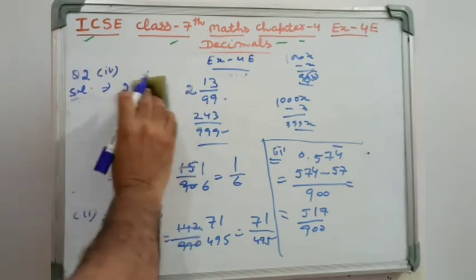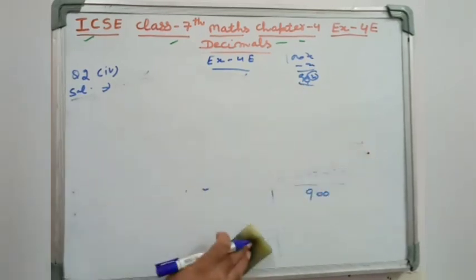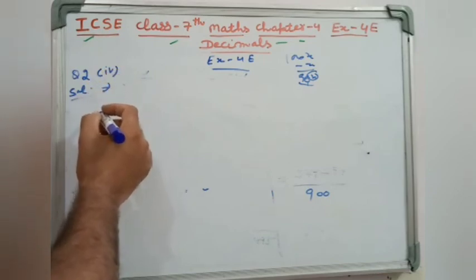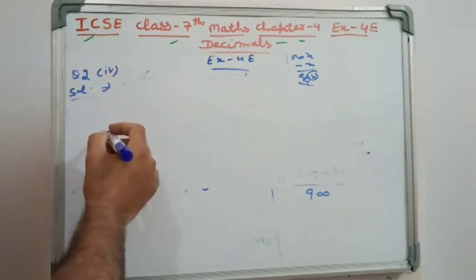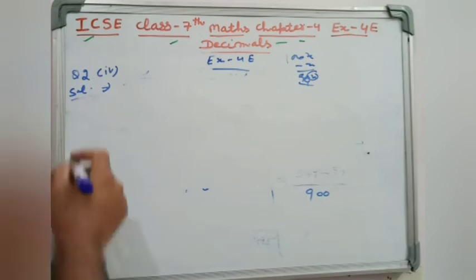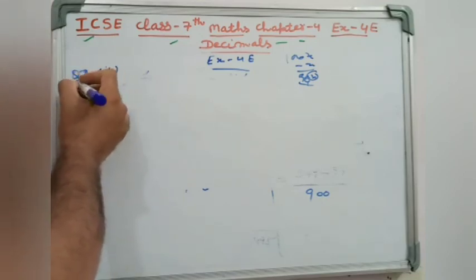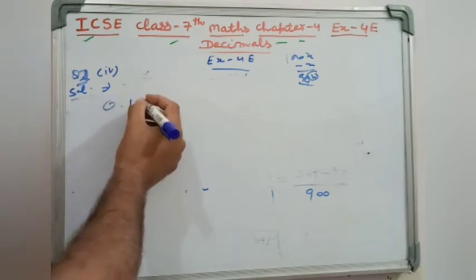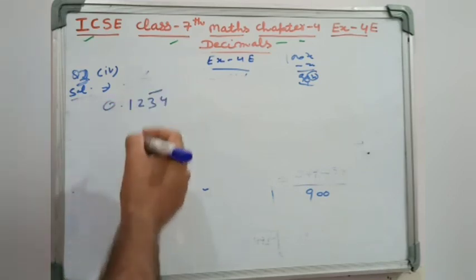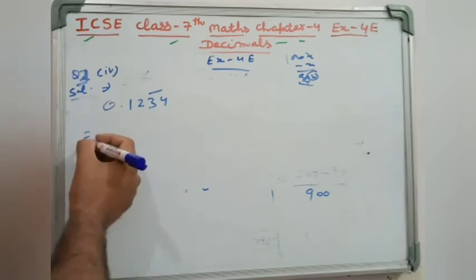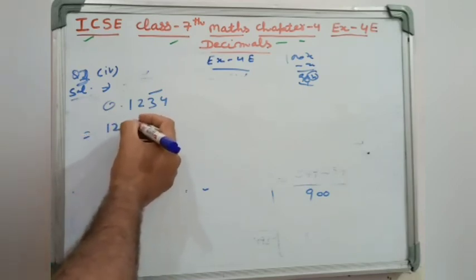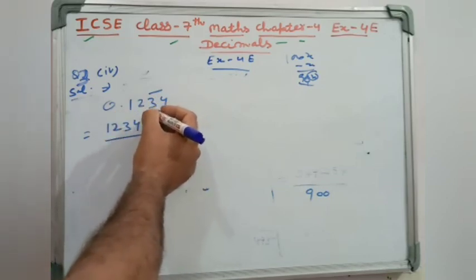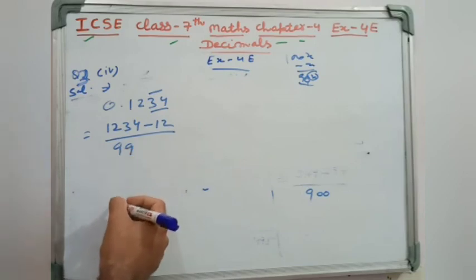Now we are left with only part 4 of question 3. So this is 0.1234 bar, no need to panic. Write 1 2 3 4, where 3 4 is under the bar and 1 2 is outside the bar. For 2 digits under the bar write 99 here.